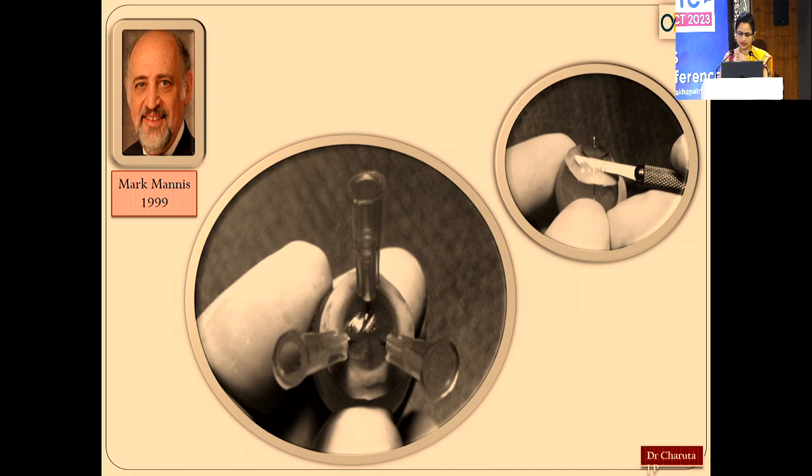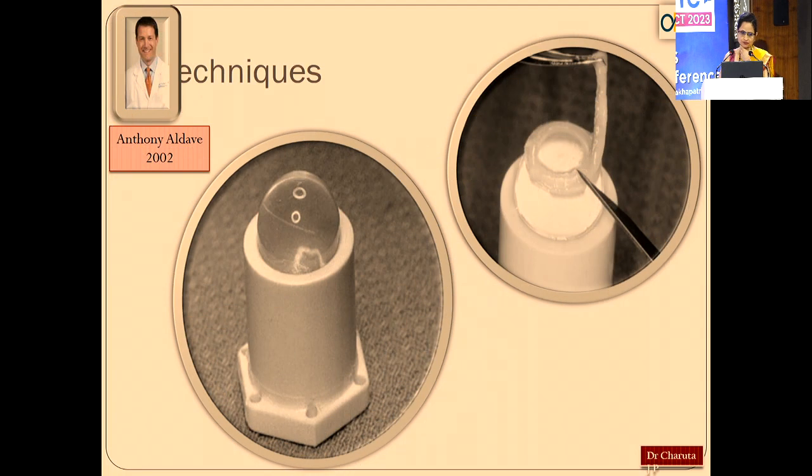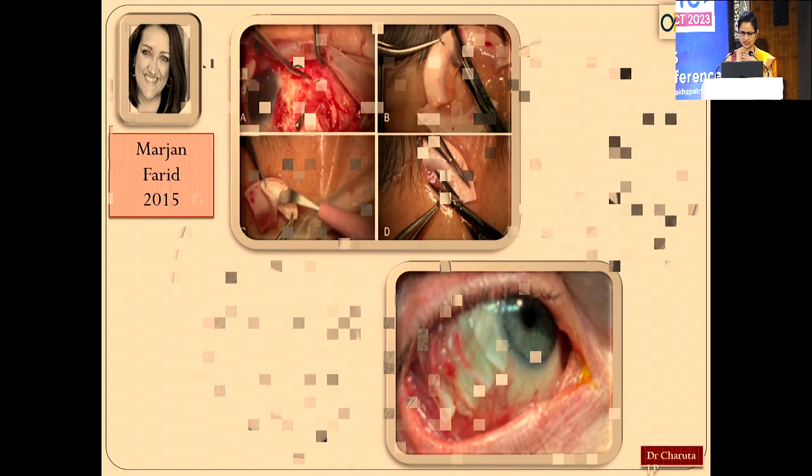Mark Mannis added to it: because we have to use remnant lenticules, to make them stable he used needles. And Anthony Aldave described using a pedestal to secure the graft to an acrylic base using cyanoacrylate glue, which makes the dissection easy.